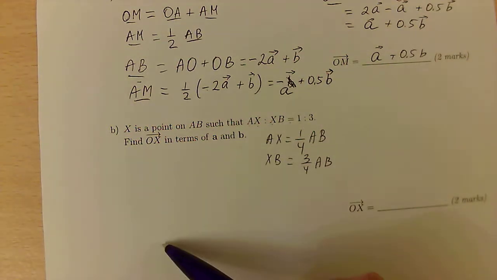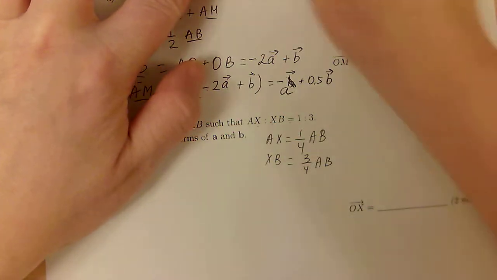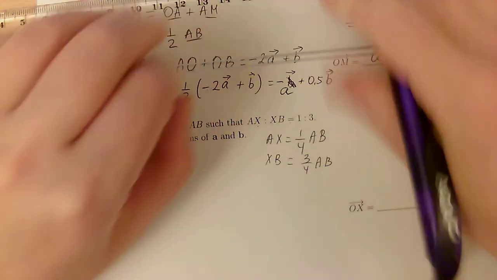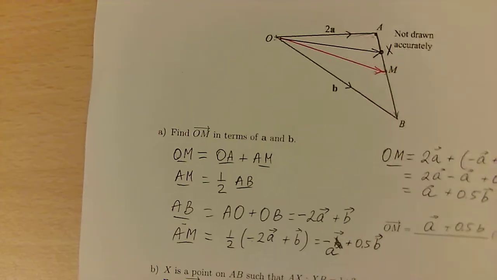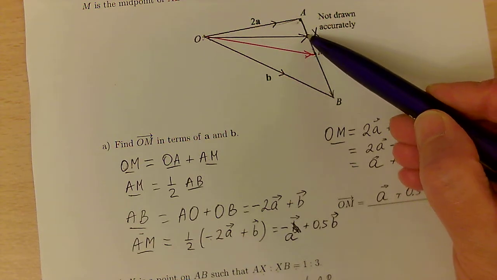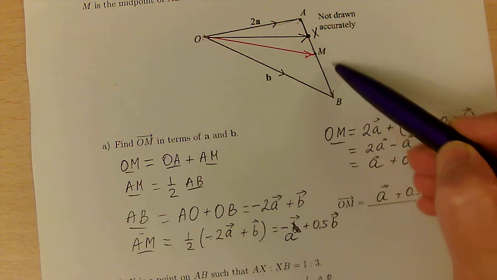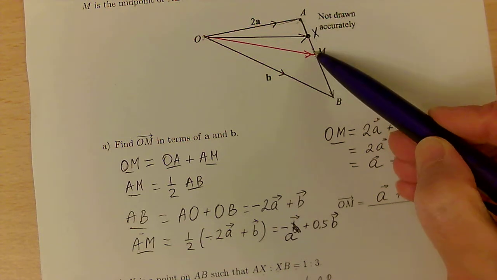We need to find OX. Let me move the page so you can see it. That means X is between A and M, because AX is 1/4 of AB and AM is half of AB.